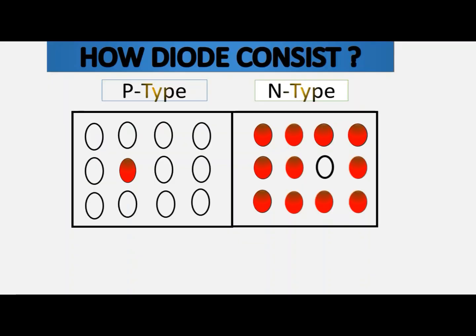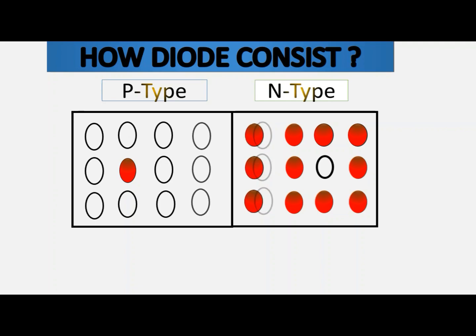How is a diode formed? When P-type and N-type semiconductors are placed together, a p-n junction forms. As N-type has an excess of free electrons and P-type has an excess of holes, which are close to each other, free electrons are attracted by the holes.